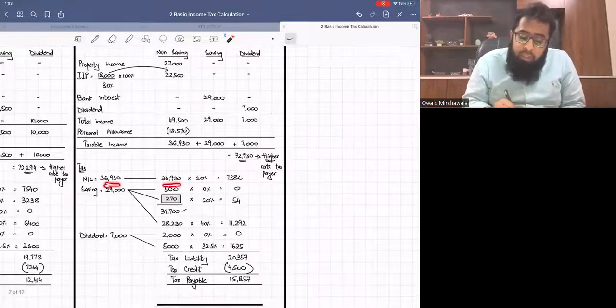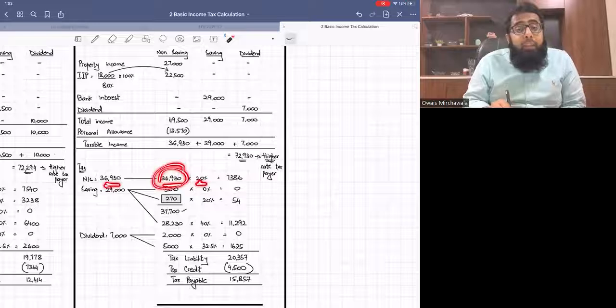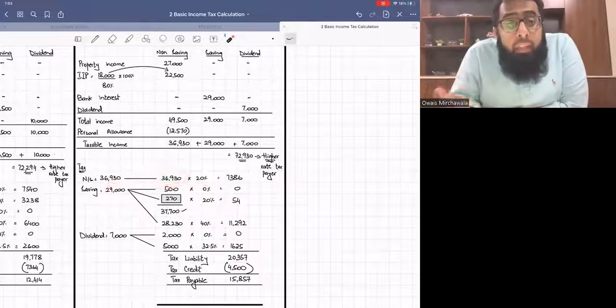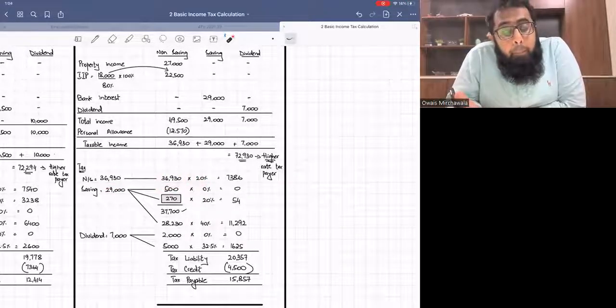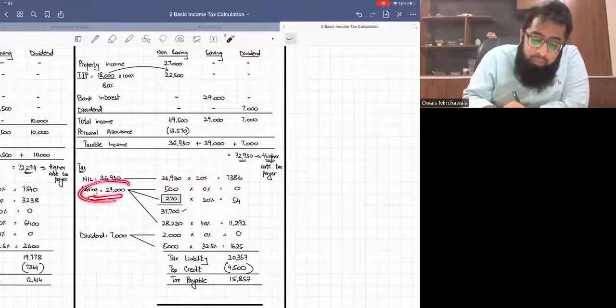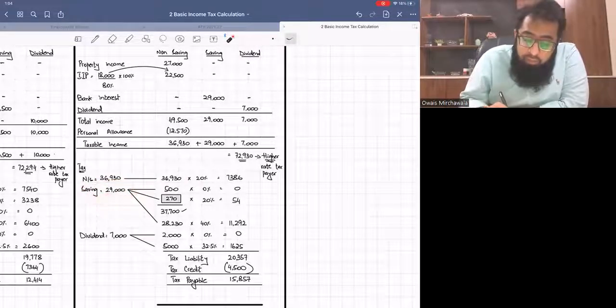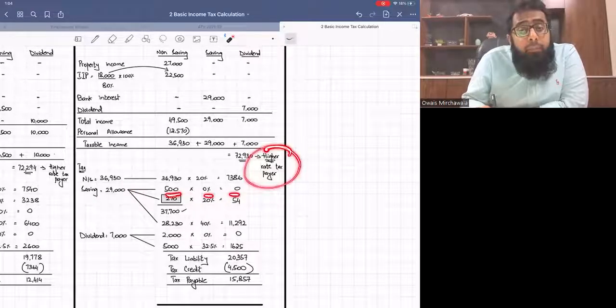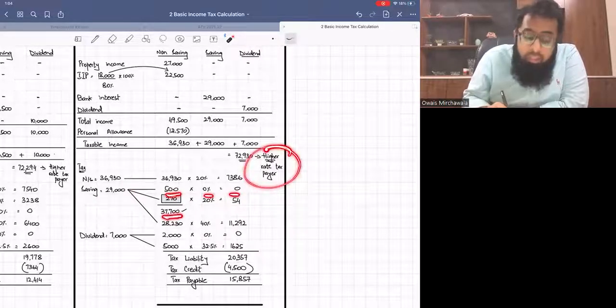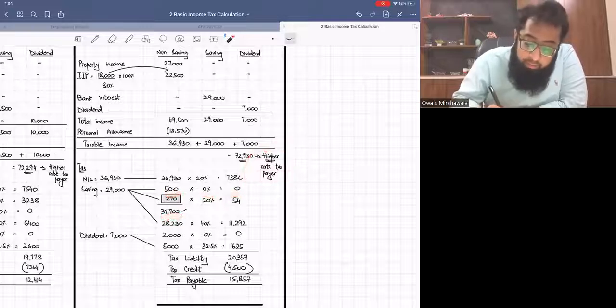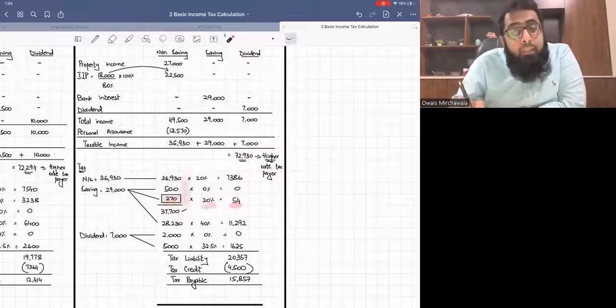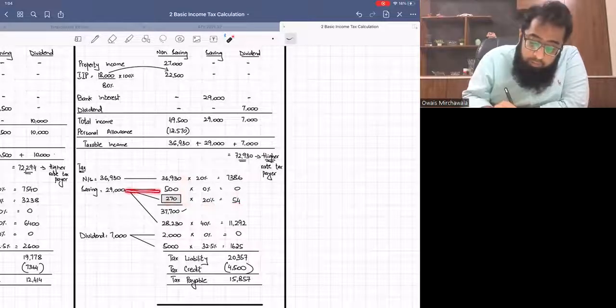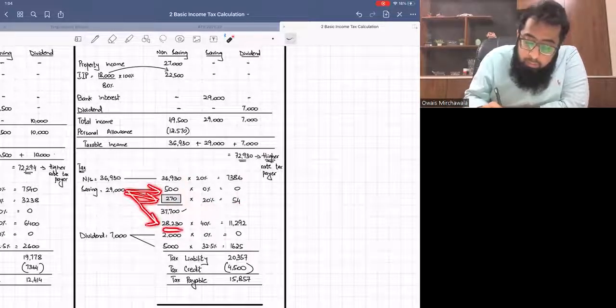Non-saving income 36,930 lies in the basic rate band, because your basic rate band is still 37,700. Then saving income 29,000. First 500 goes in 0% band. You are a higher rate taxpayer. Then 37,700 is your basic rate band. The remaining 270 will go at 20%. 500, 270, and the last one.